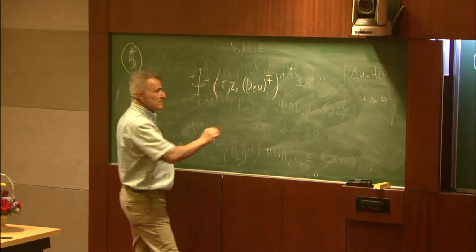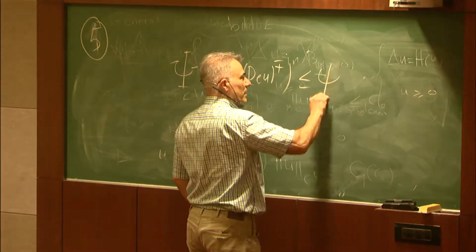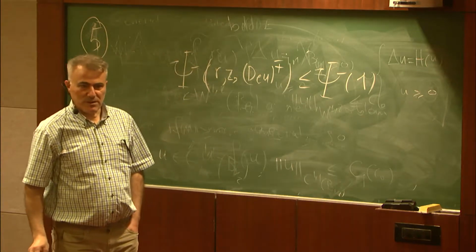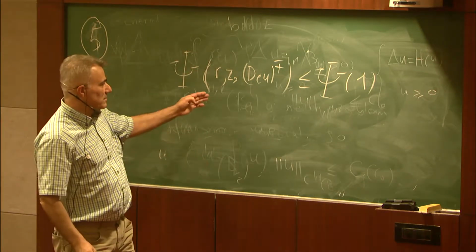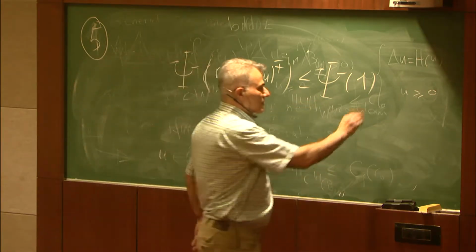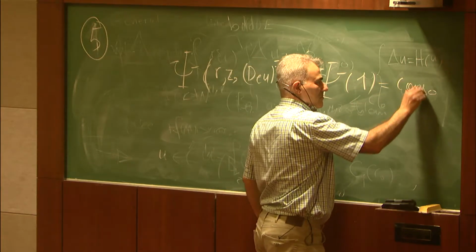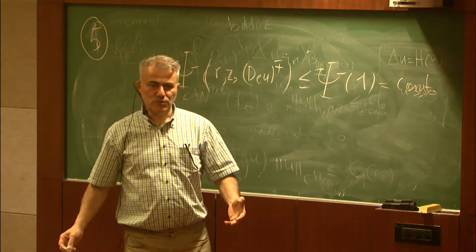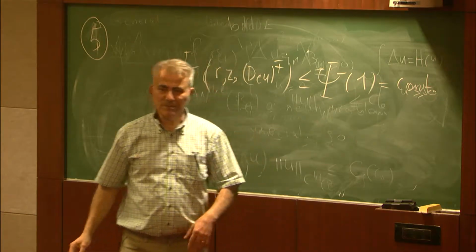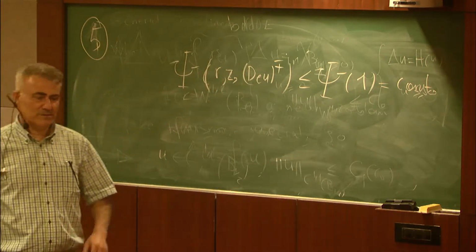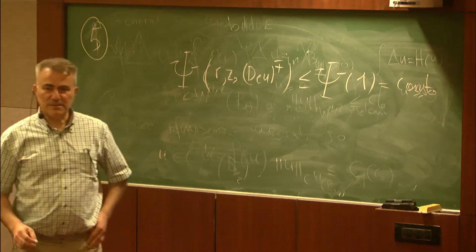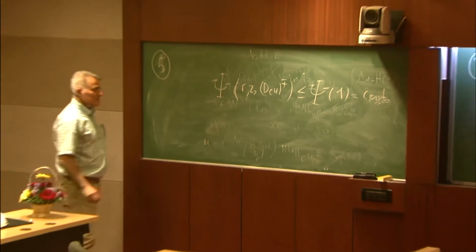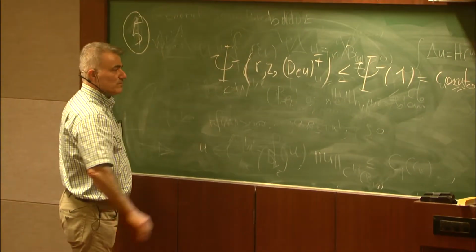It means this is less than or equal to psi at the level 1. This is just bounded, a constant. Our function is in W22, which we will assume, I need to assume. Then that's enough, basically. It's already W2P, so I'm okay with it. So this is a bounded constant.